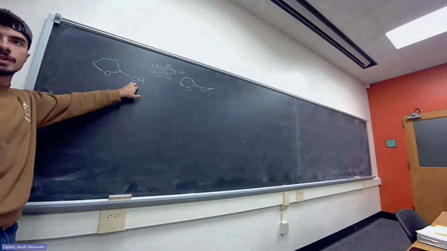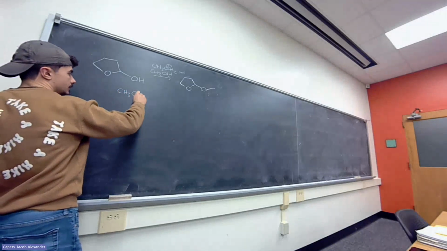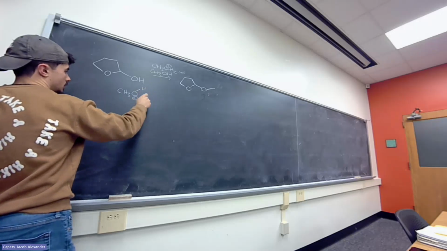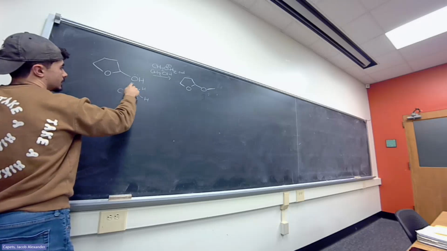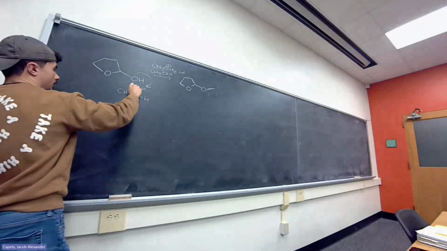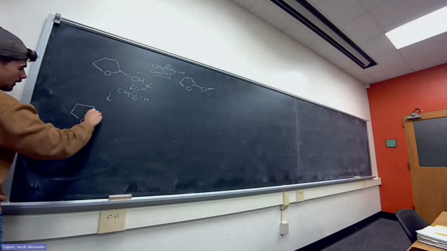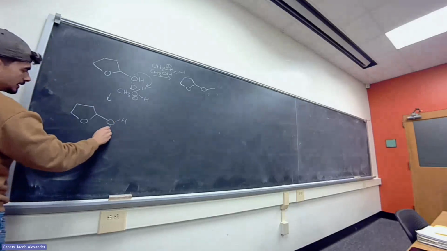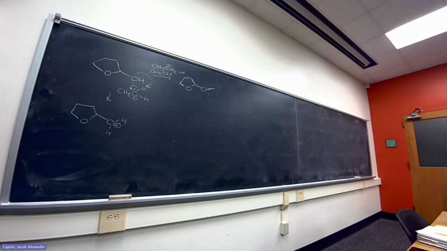So we want to get rid of the OH by protonating it, which will make it a water group, which is a good leaving group. All of these steps are equilibrium back and forth, so you don't need to show the bidirectional arrow. So now we have our water group on there.